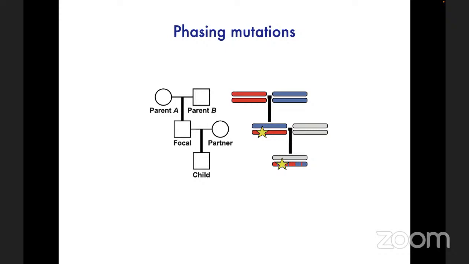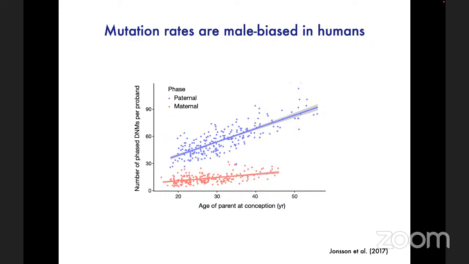In general, depending on the kind of experiment, we can do that for between 15% and 75% of all of our mutations. So if we take the same Icelandic data and break it up by who passed on the mutations, we see that there's a huge male bias in humans. These are the number of phased mutations inherited from dad.